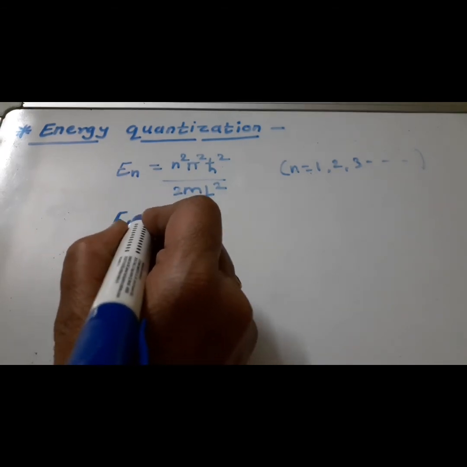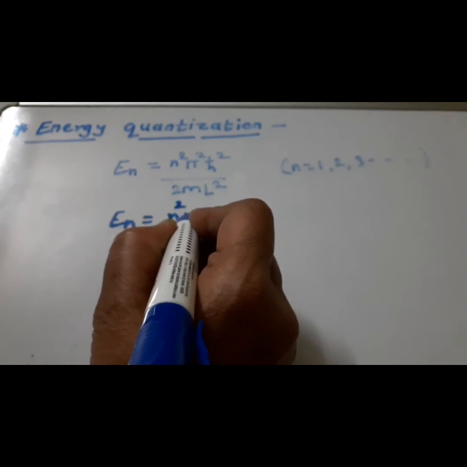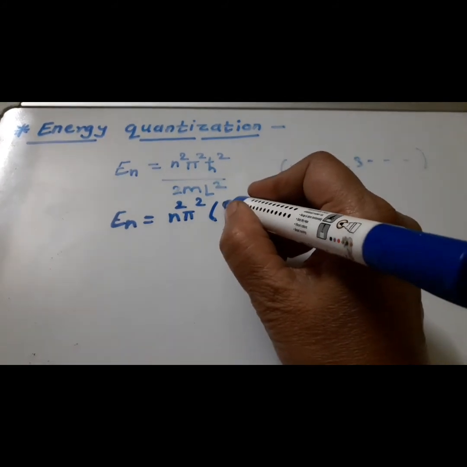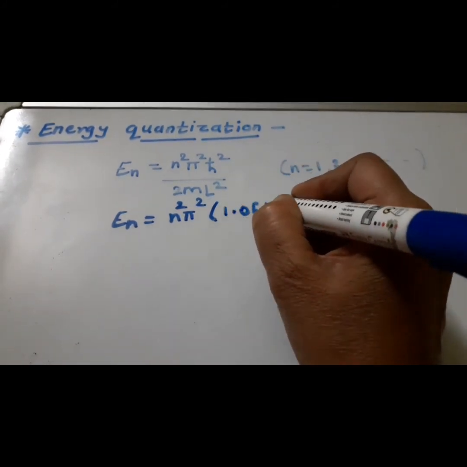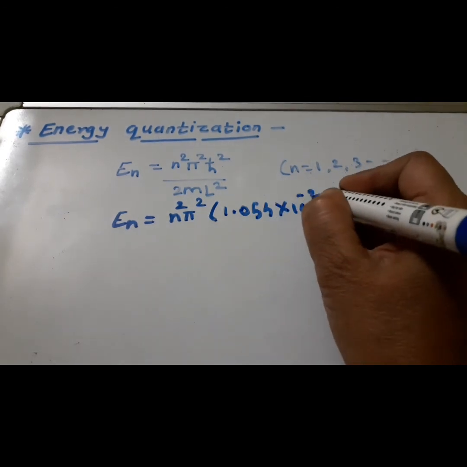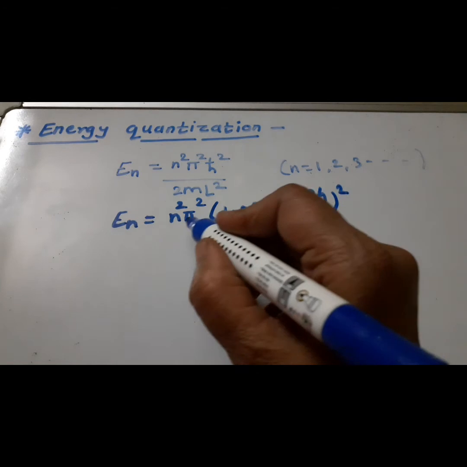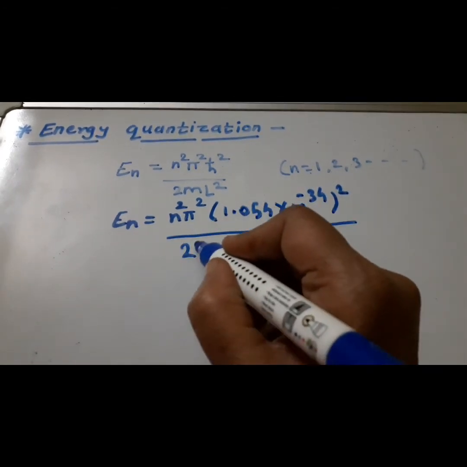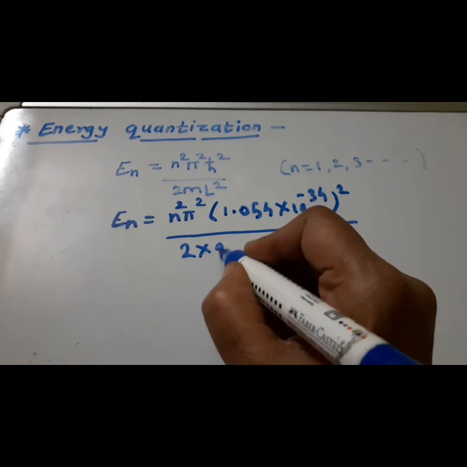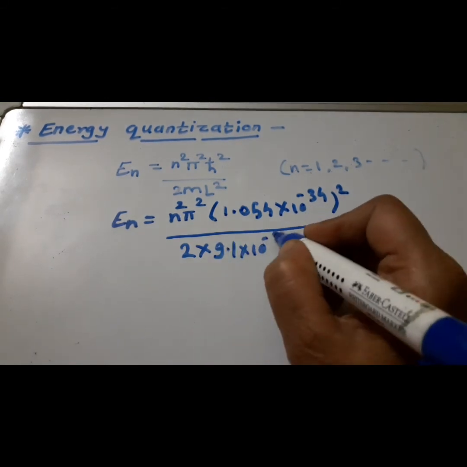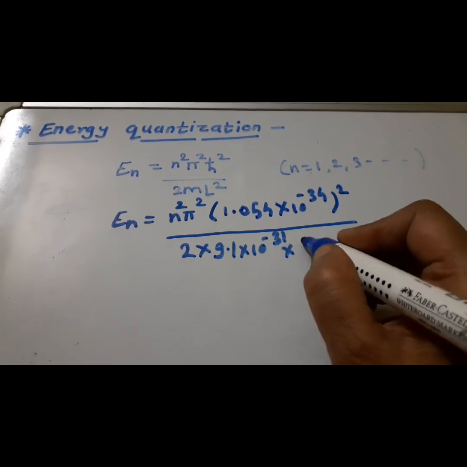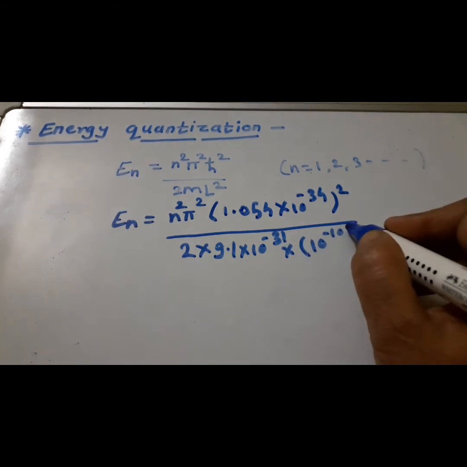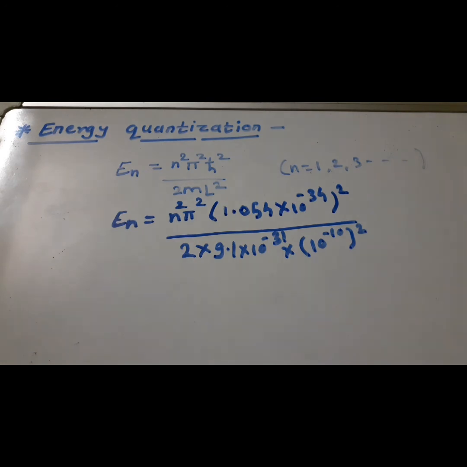Then En is equal to n squared pi squared into (1.054 x 10^-34) squared divided by 2 into the mass of the particle, that is 9.1 x 10^-31 kg, multiplied by L, that is (10^-10) squared. This is for an electron inside a box of length 1 angstrom.